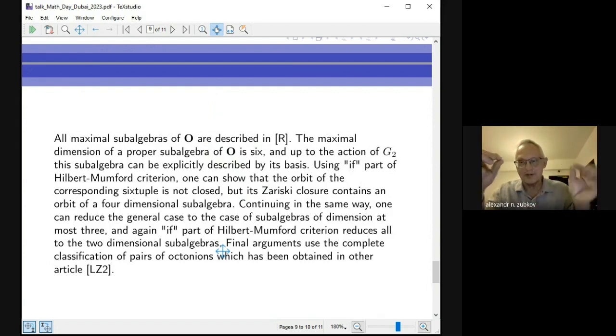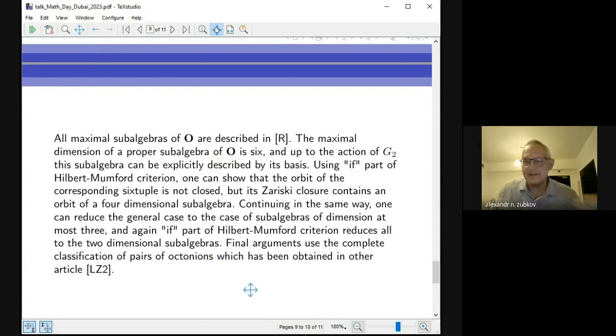You start with dimension 6, and you can reduce it to dimension 4. In the case of dimension 4, you have to consider subalgebras which have a basis of 4 elements. And using other combinatorial arguments, you can reduce even this case to the case of a subalgebra of smaller dimension, up to 3.